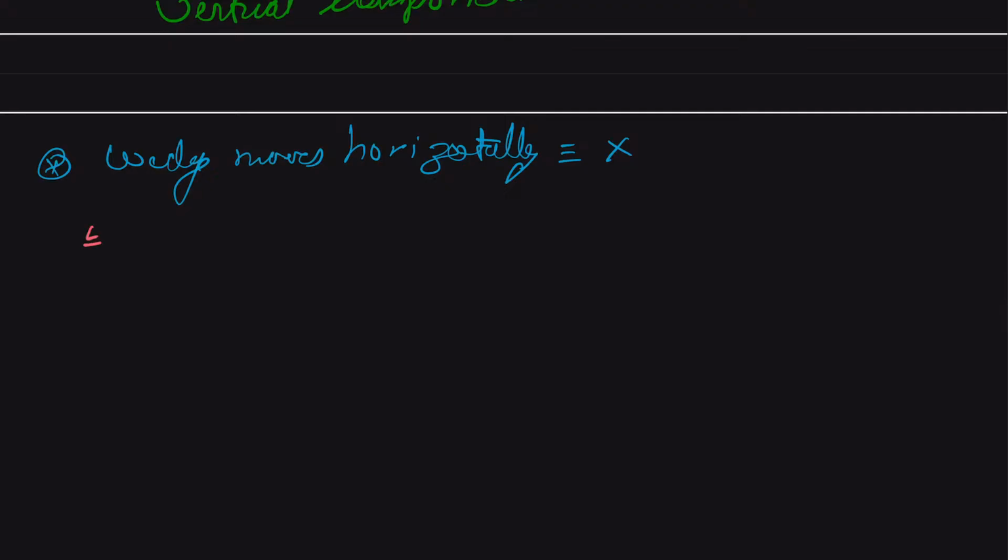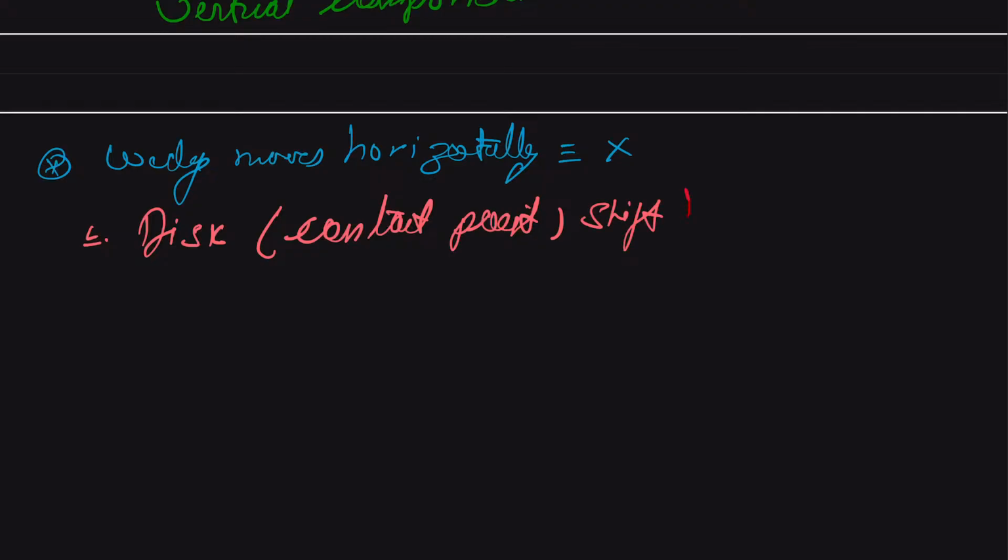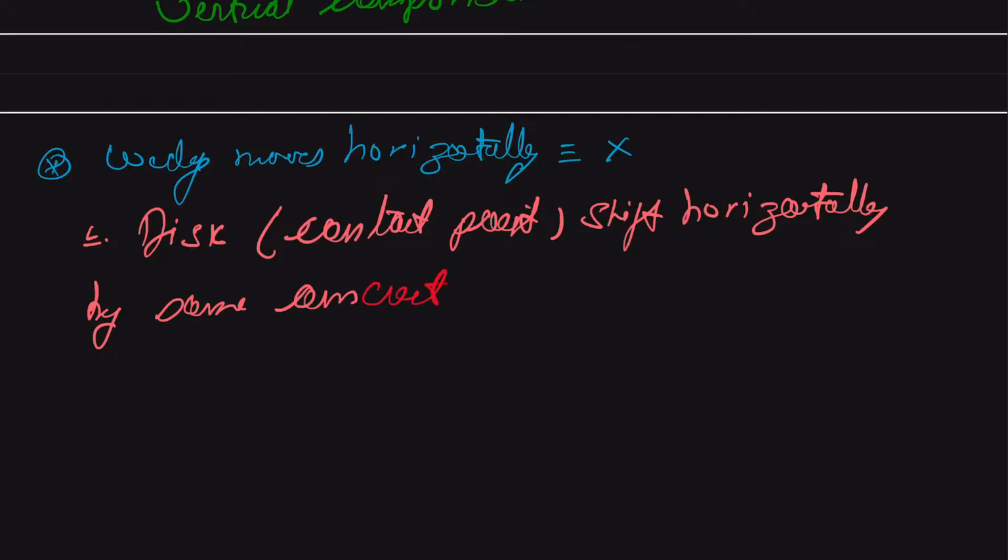So it means that our disk, and by disk we are talking about the contact point, and its contact point shifts horizontally by the same amount, which is our x.